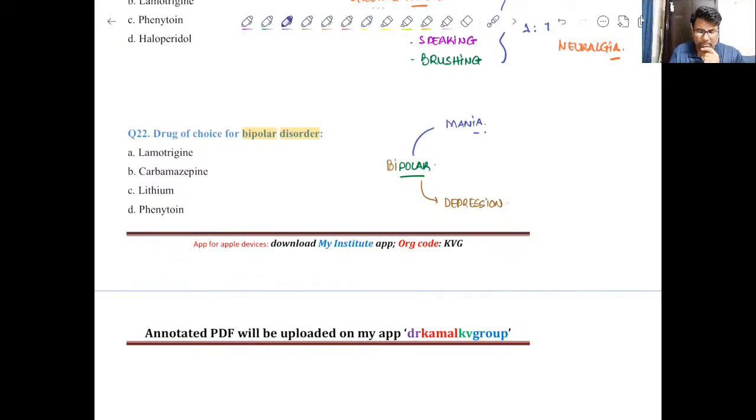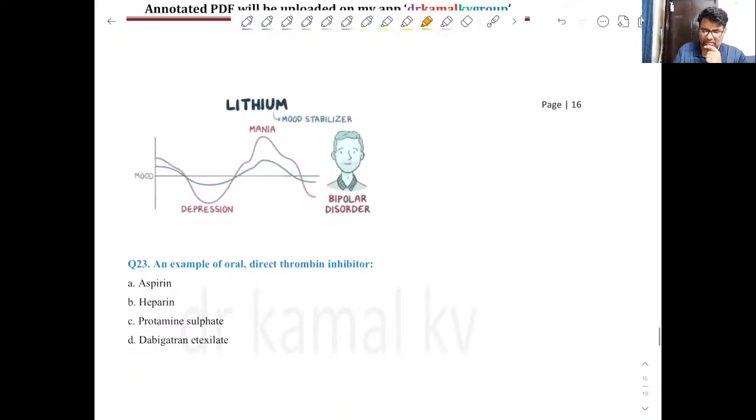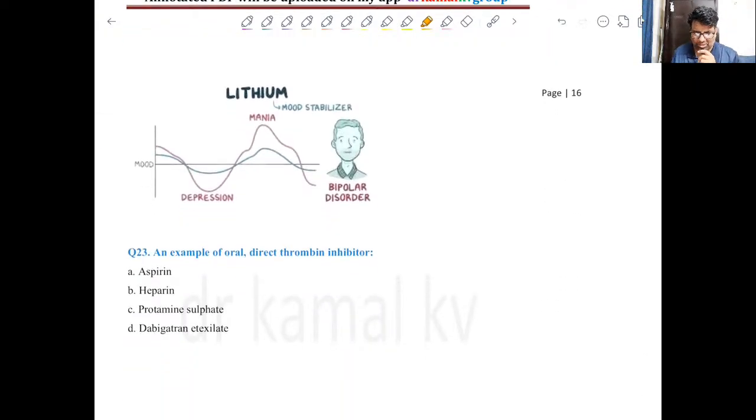So in such a case we need to give a mood stabilizer, right? And that is, yes, everyone is absolutely right, that is lithium. So Siva, Dr. Poo, Varsha, everyone is right. So we need to give lithium as a mood stabilizer for bipolar disorders.